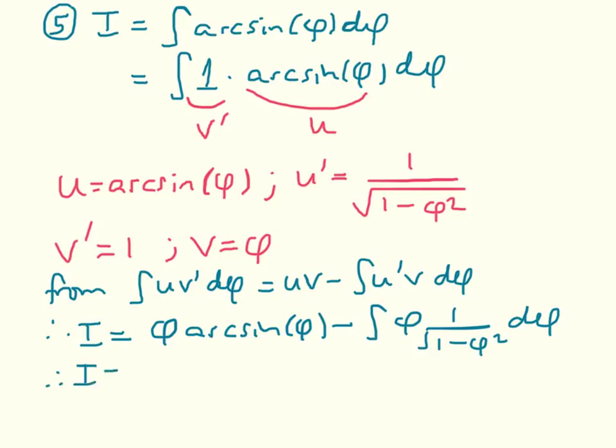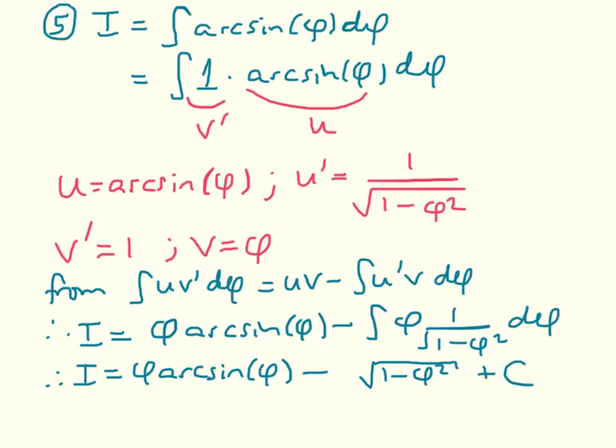I is going to be phi arc sine of phi minus, I'll just leave that for the moment, the sign, not worry too much. And now I'm going to say it's the square root of 1 minus phi squared plus an integration constant.